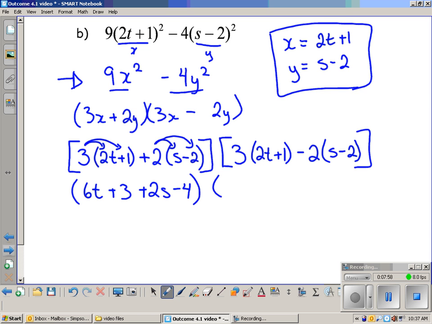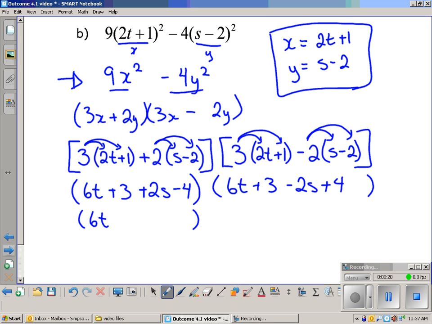My second set, again, I have to distribute the 3 in. So I have 6t plus 3. And distributing the 2 in, minus 2s plus 4. Last step is just to simplify inside those brackets a little bit more.